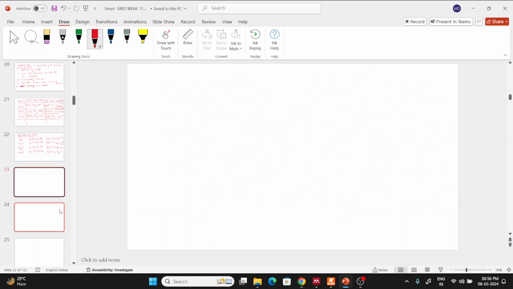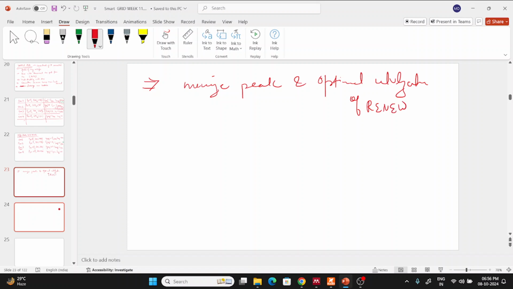This control strategy is proposed to minimize the peak demand as well as for optimal utilization of the renewable energy sources. You can see from the simulation results that they were satisfactory, and it helps the grid in extreme conditions also.